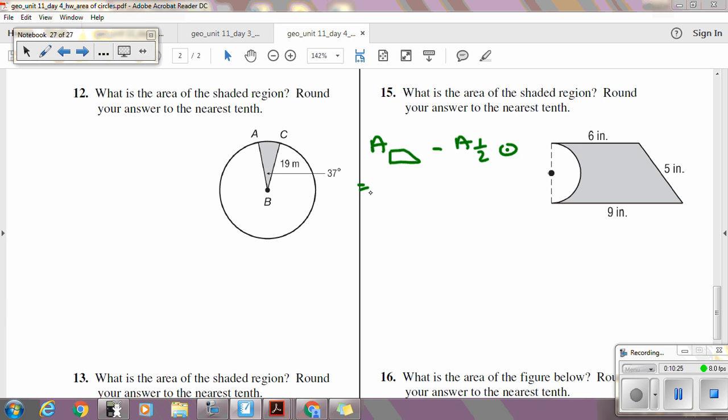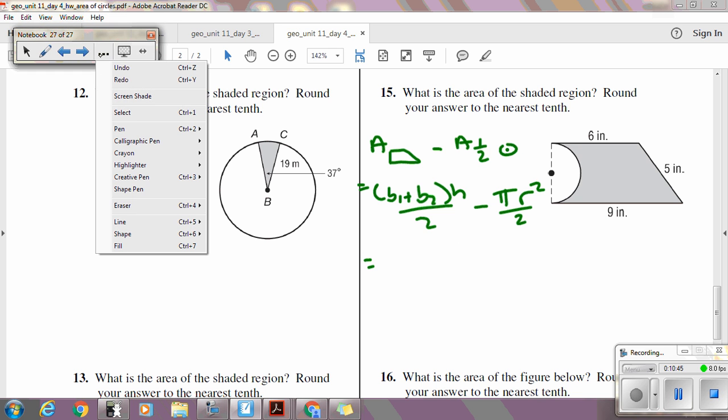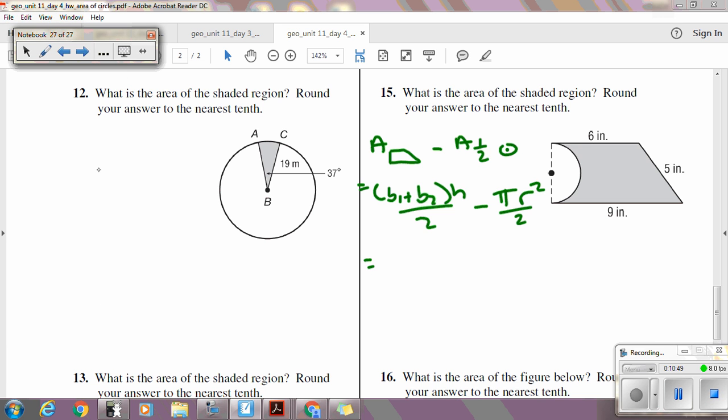So the formula for area of a trapezoid is b1 plus b2 times your height over 2. And then the area of half a circle we just mentioned was pi radius squared over 2. So for my trapezoid, my bases are 6 and 9.